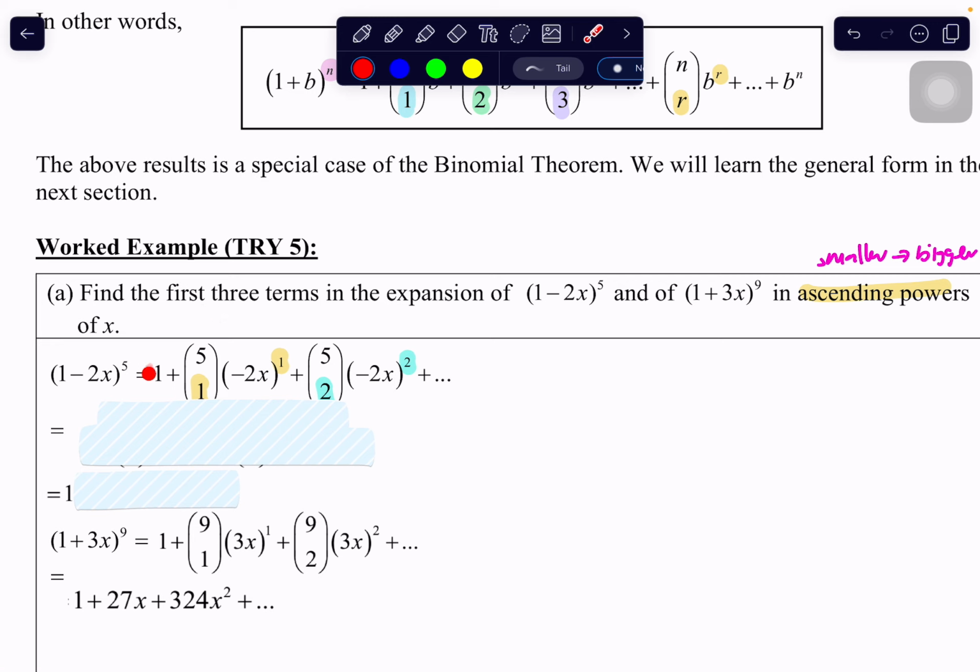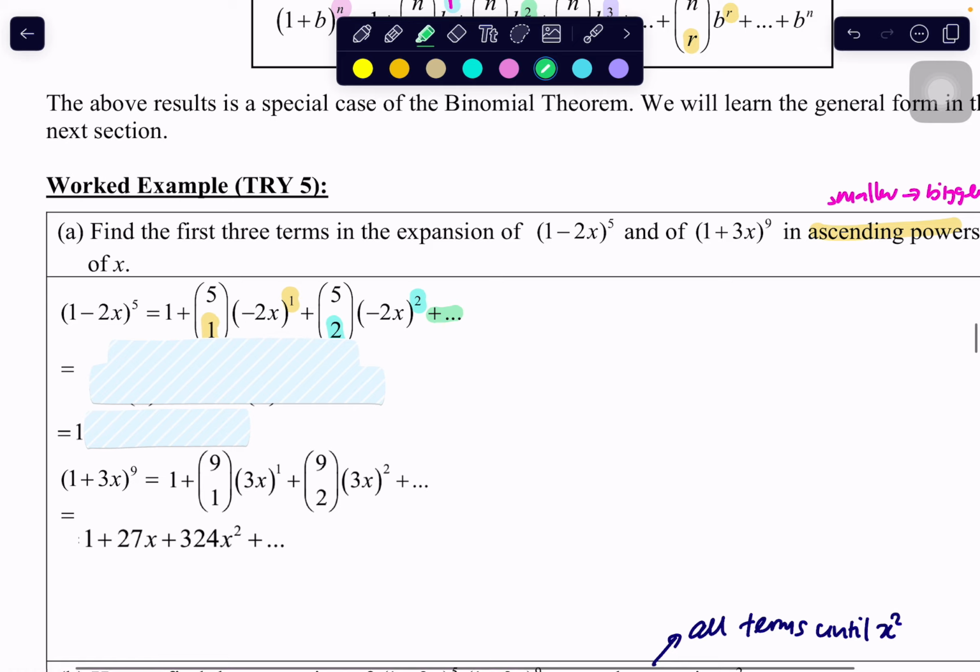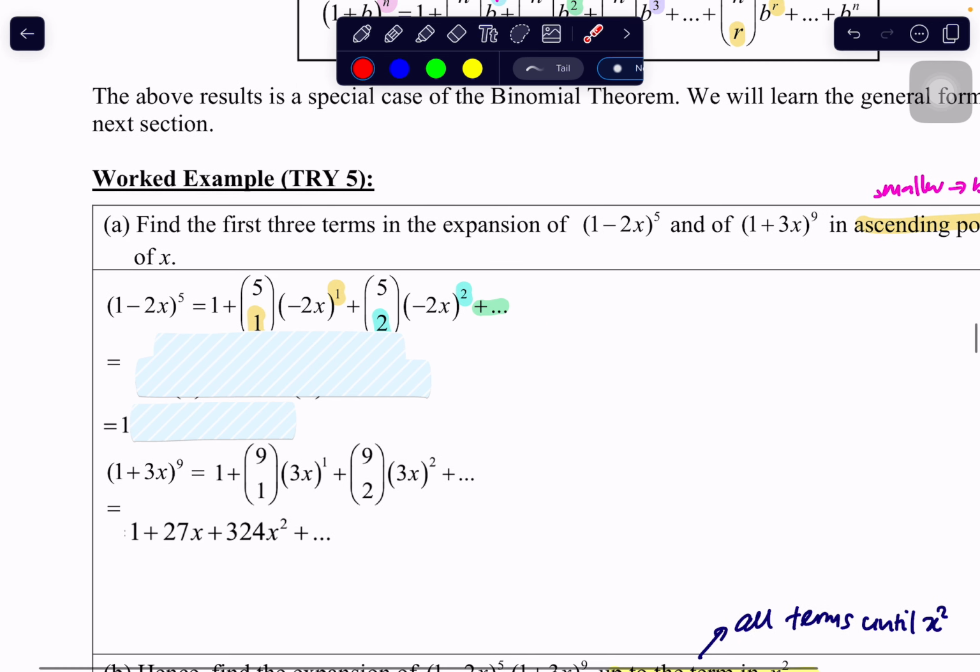You do not need to expand anything beyond that. To show that there are more terms at the back, I'm going to use the symbol plus triple dot. This symbol tells us that there are still more terms at the back which we will neglect in this case.